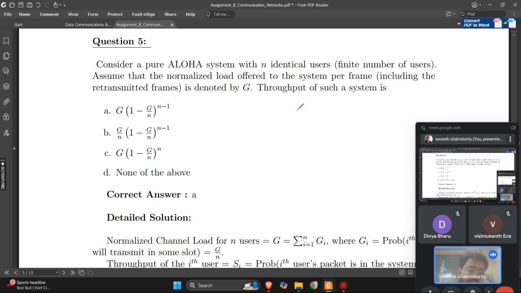So here G is simply not the packets generated, it is the packets that are getting put in the system. The retransmitted packets means those users who tried to send a packet but failed. Those users will send their packets again, and these retransmitted packets are also included in this G. So this G is slightly different from the G that we have been learning about previously, because this G includes the retransmitted frames and is not simply the packets that are getting generated.